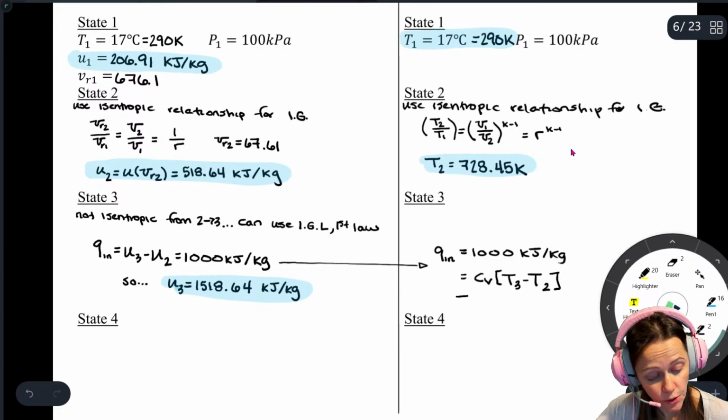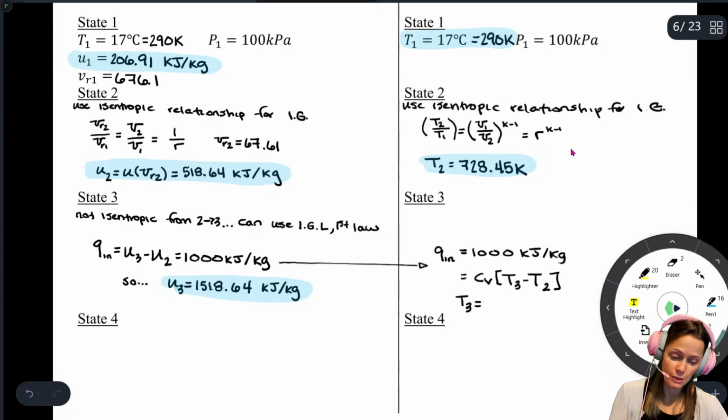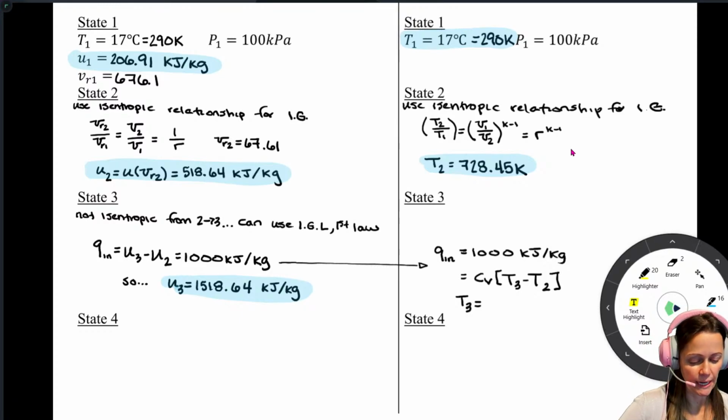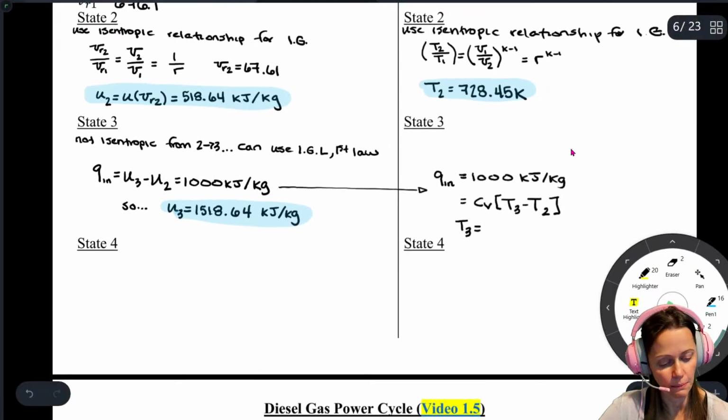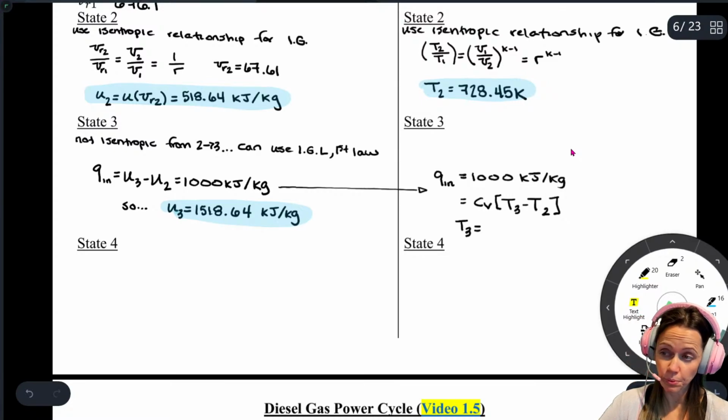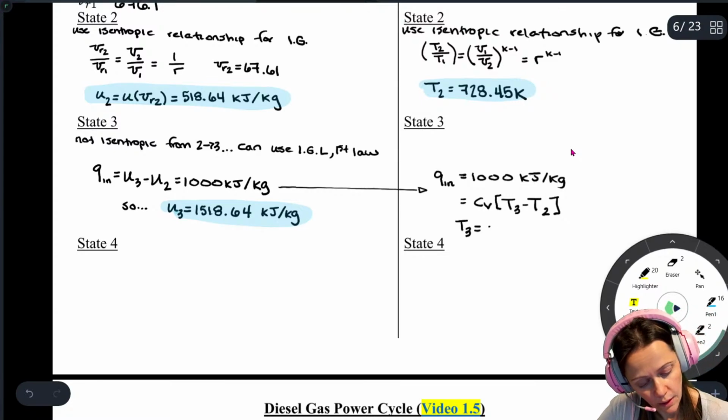Keep in mind you have to divide through by that CV, 0.718 kilojoules per kilogram, and our T3 is going to end up being 2121.21.